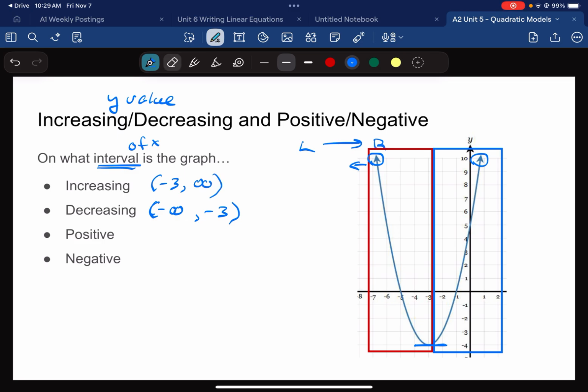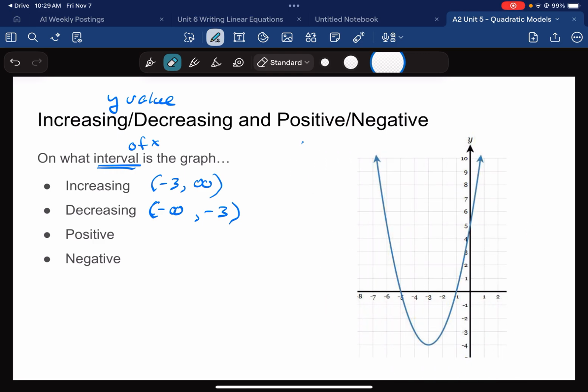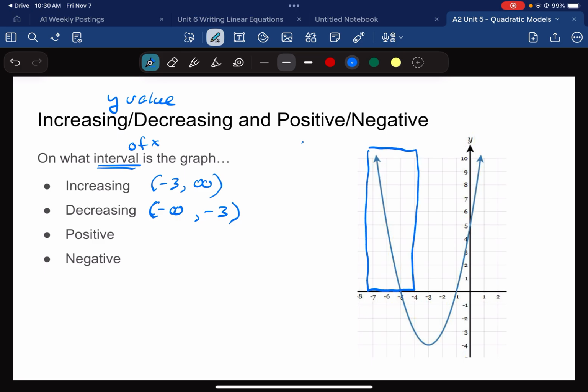All right, let's talk about positive, negative. Well, the y values are positive above the x-axis. So the first section of the graph that we encounter is this section right here. And we say that that graph is positive.